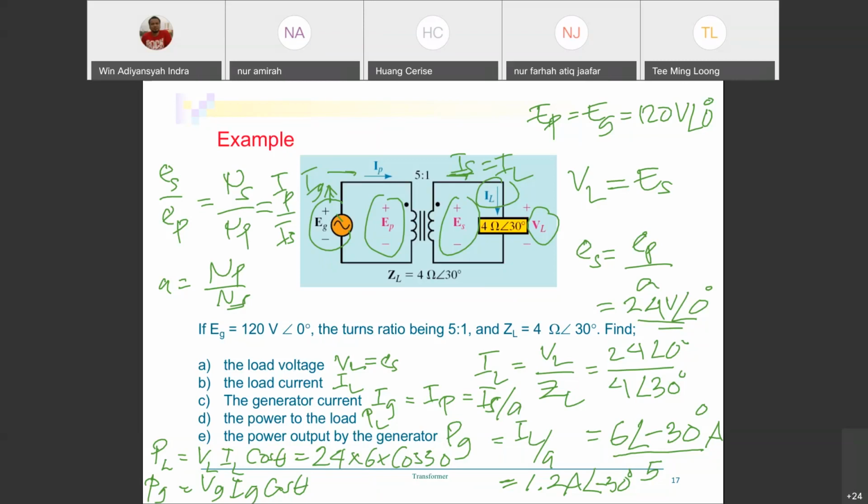It is the angle between EG and IG. EG is 120 volt with 0 degree. IG, which is equal to IP, is minus 30 degree. So the degree is 30 degree. 120, IG is 1.2, cos 30.